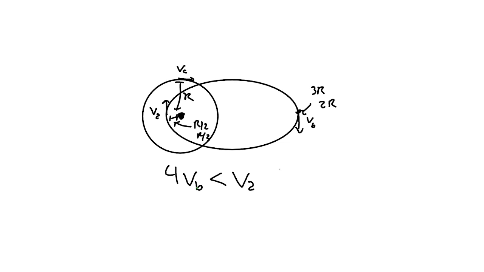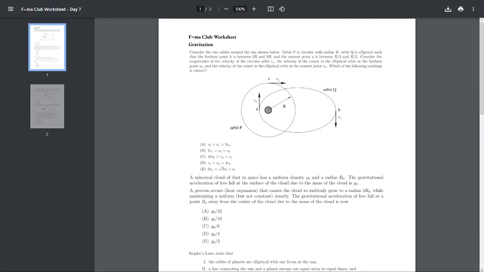And the greatest is where our radius is r over 3 and our furthest radius is 3r, and that's going to give us 9VB. So the largest value that VA can be is 9VB. So that means C is already correct, since this is 10VB.